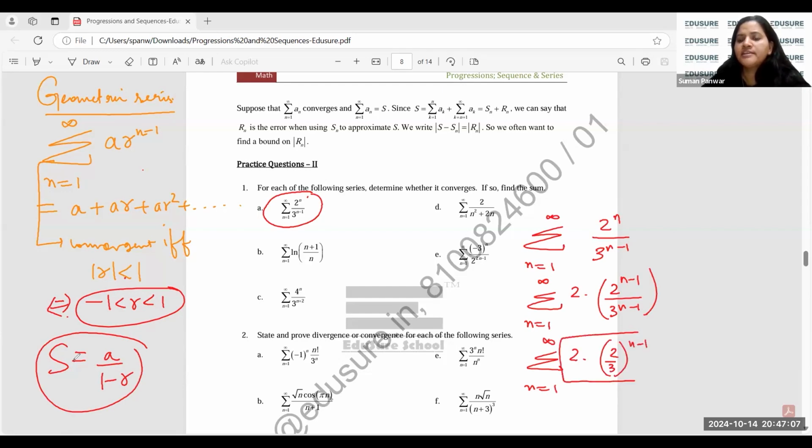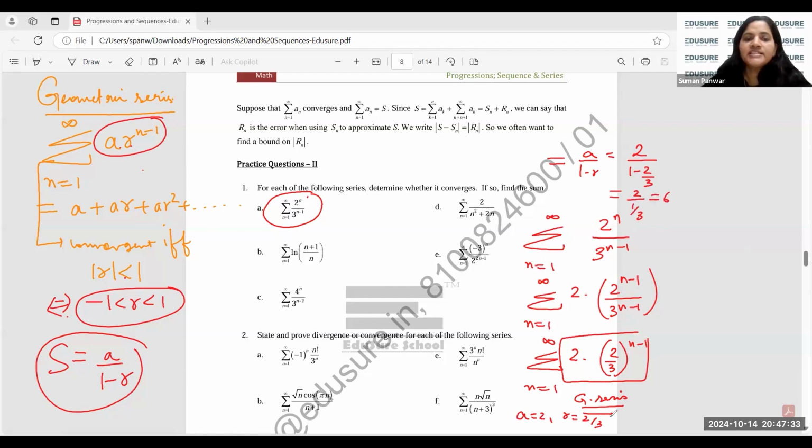So this is actually nothing but a geometric series. You can see that it is of the particular form a into r raised to the power n minus 1. In this case, a is 2 and r is 2 by 3. So what should be the sum of the series? a upon 1 minus r, which is 2 upon 1 minus 2 by 3, which is 2 upon 1 by 3, which is 6. So the sum of the series comes out to be 6. This is the beauty of the ratio test.